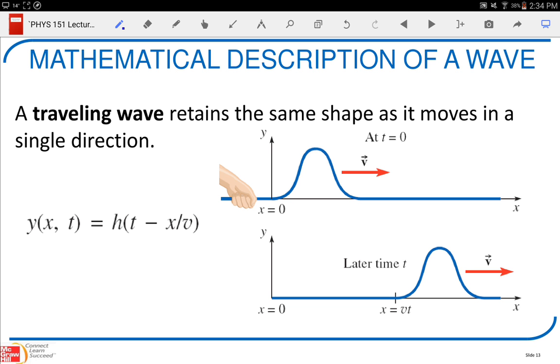And it turns out that the displacement, now this y is the displacement, is going to be a function of if the wave is there or not.